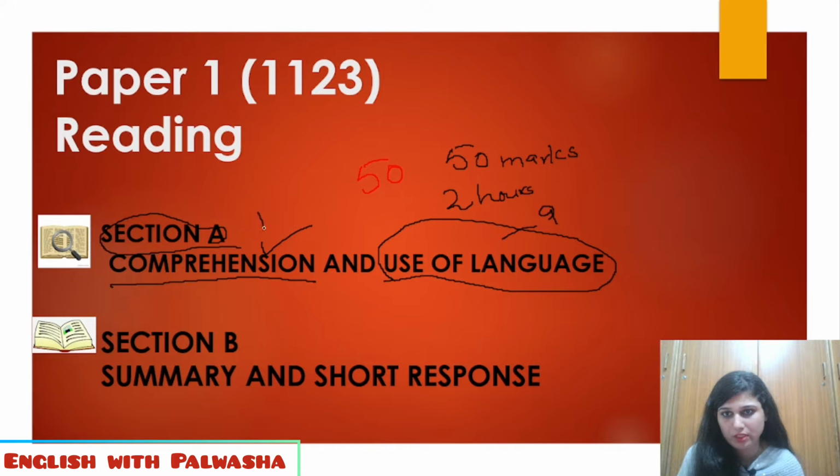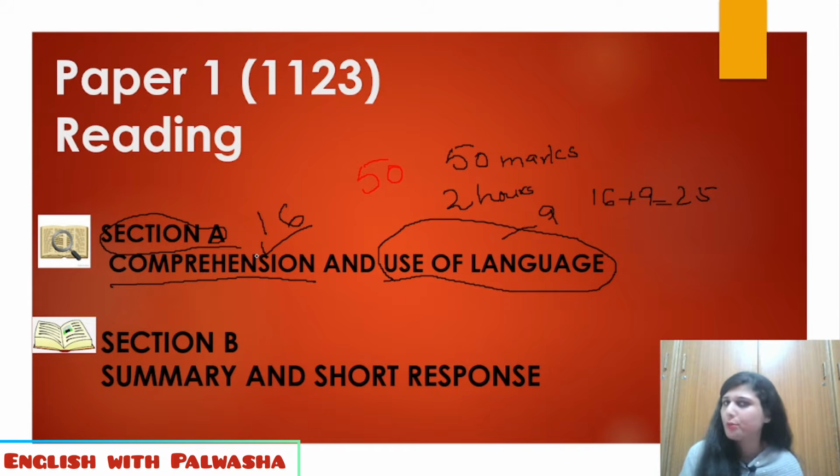This is going to be 16 marks, and this is going to be 9. So 16 plus 9 makes a whole sum of 25 marks, right? So you need to work on this comprehension part.